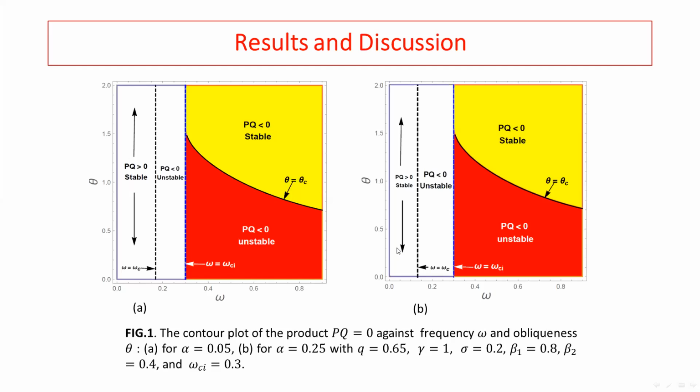For alpha equal 0.25, we see that the unstable region increases and the stability decreases. This means that alpha gives the system more energy, making the system more unstable in the region where PQ is less than 0, and decreasing this region for PQ greater than 0.